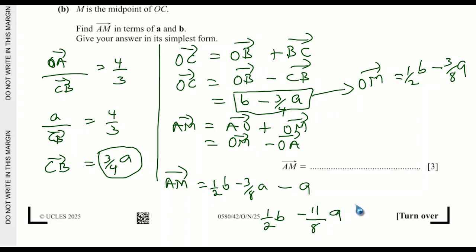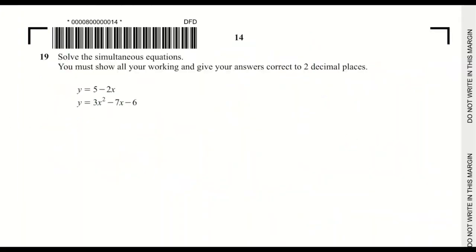So this will be the final answer, but you may want to write A first, so it will be minus 11 over 8A, then plus 1 over 2B. Okay, so it's actually interesting.